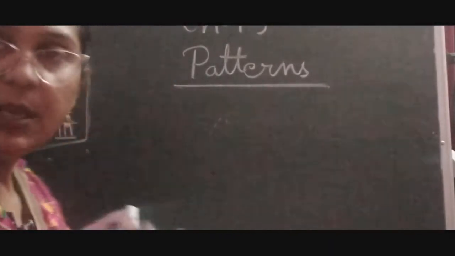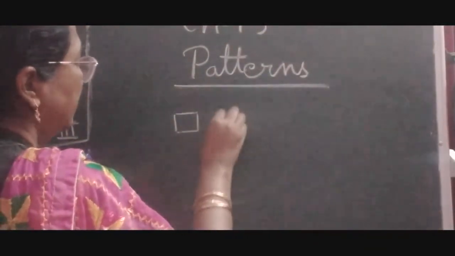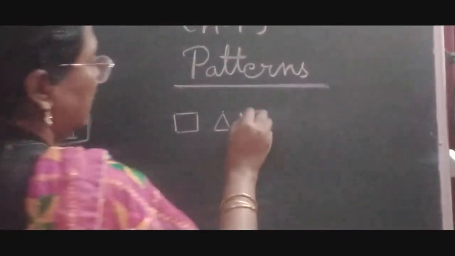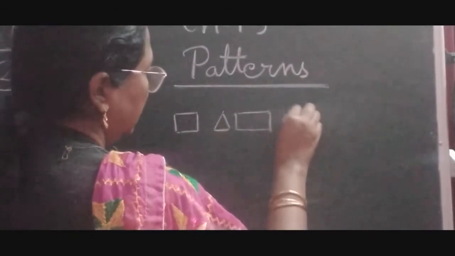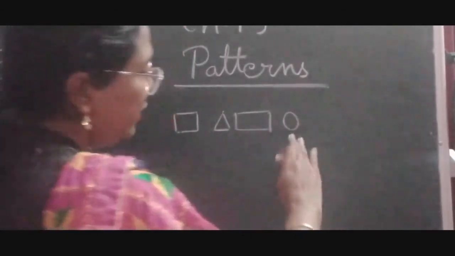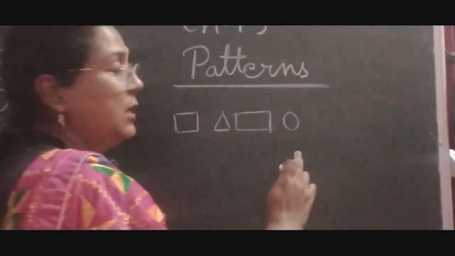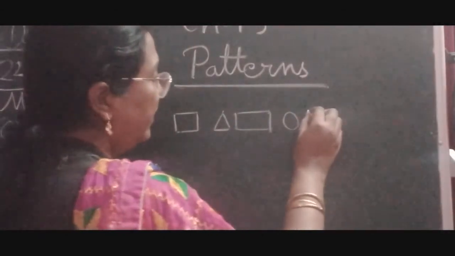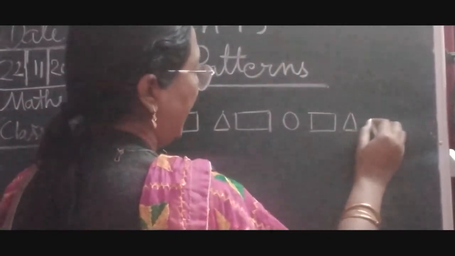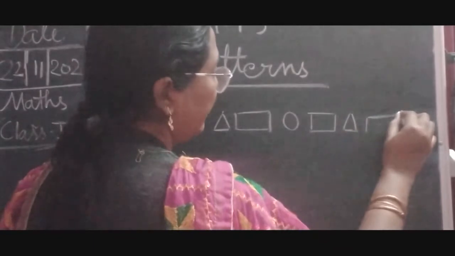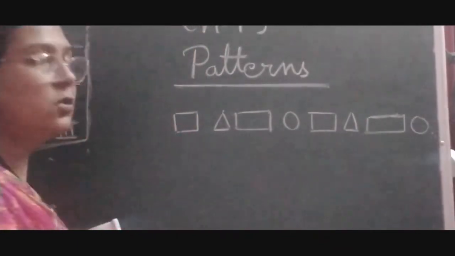I am giving you one example. Suppose it is given as square, triangle, rectangle and circle. These fundamental shapes are given in a series, and we have to start again with the square. This is called a pattern. Whatever things we follow in order, that is called a pattern.